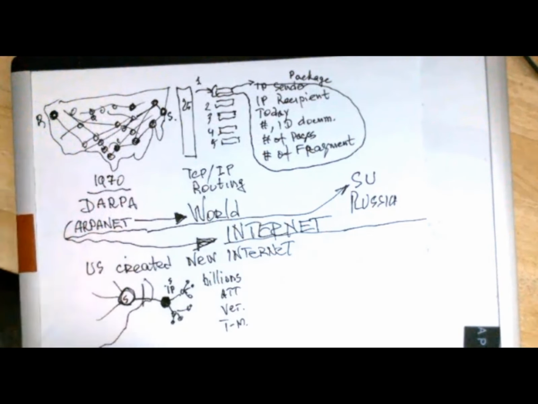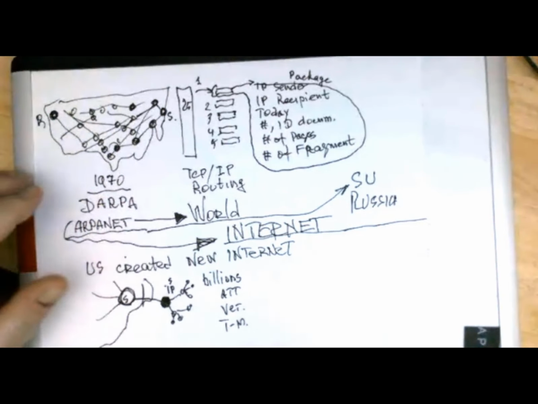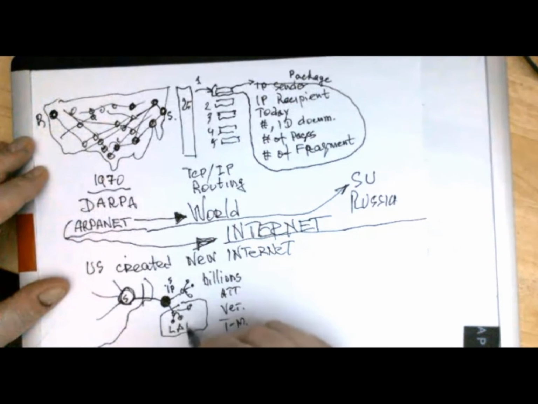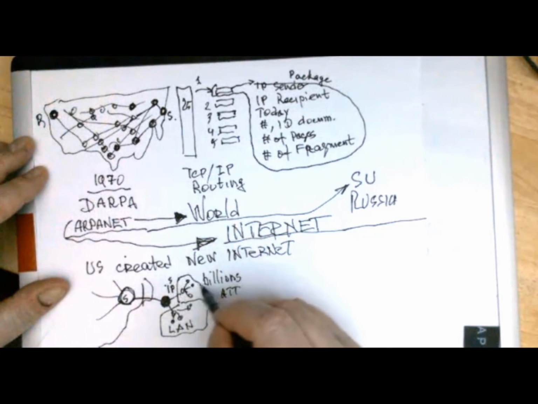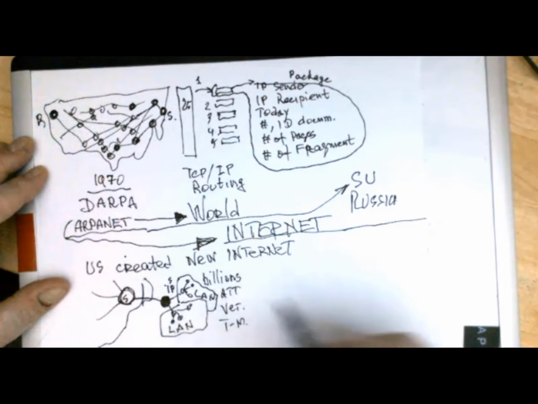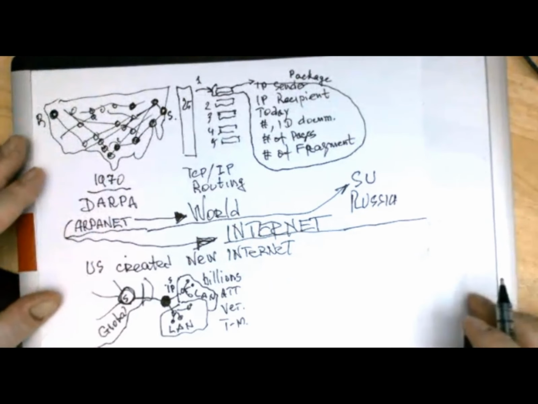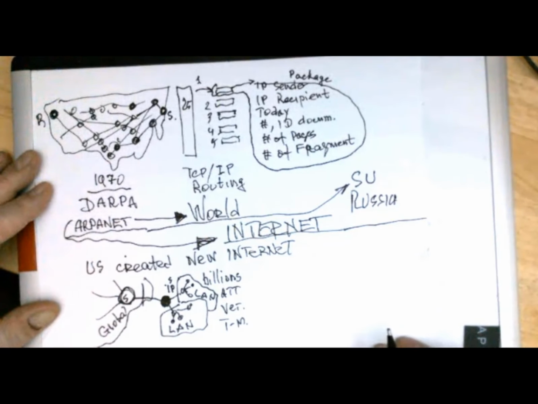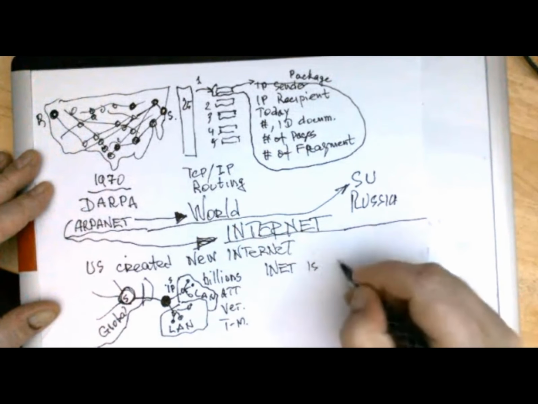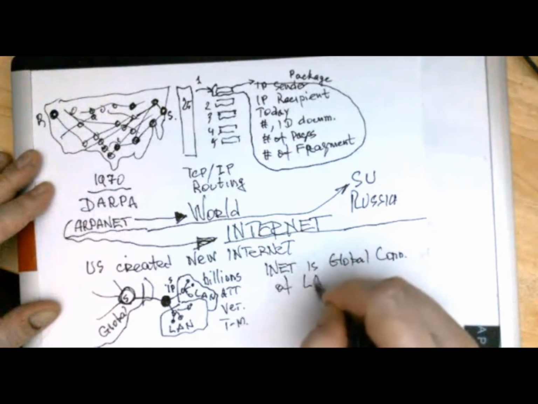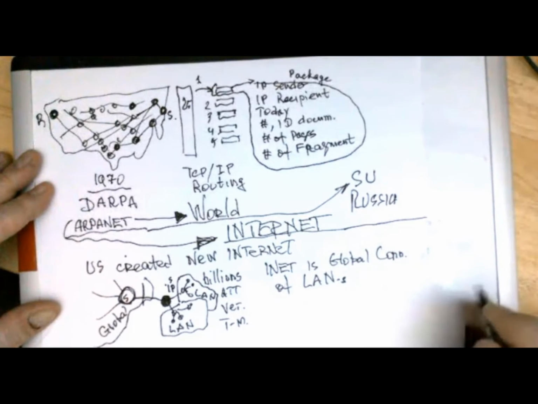So how can we give the definition for the internet? I will say, folks, as soon as this is a local area network and this one a local area network and this is a global network, the internet, INET, is a global connection of local area networks.